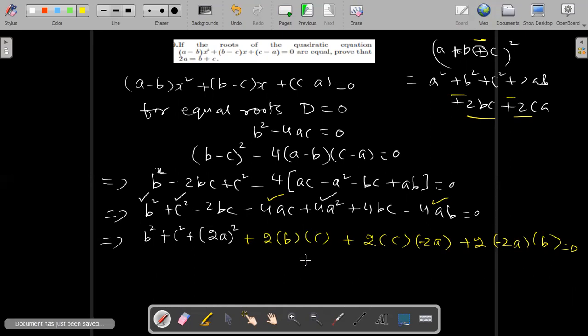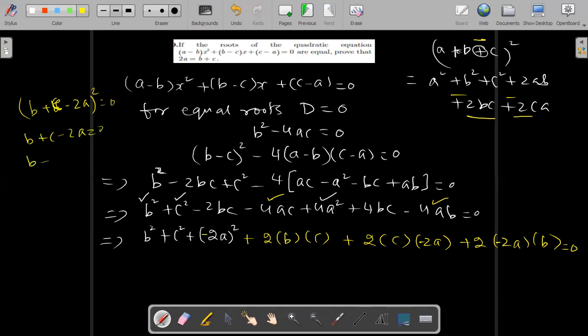Okay, no problem, yes, it is correct. So 2bc, now this will become b. If we take this b negative minus 2, so this will become (b plus c minus 2a) whole square is equal to 0. Then b plus c minus 2a is equal to 0 and b plus c is equal to 2a.